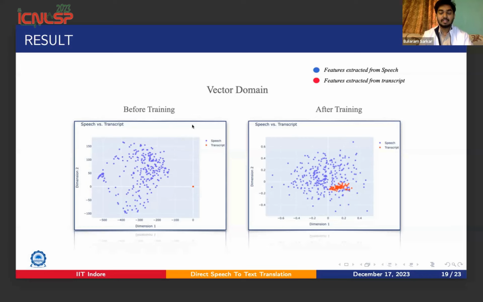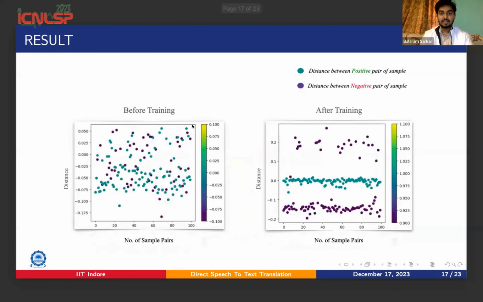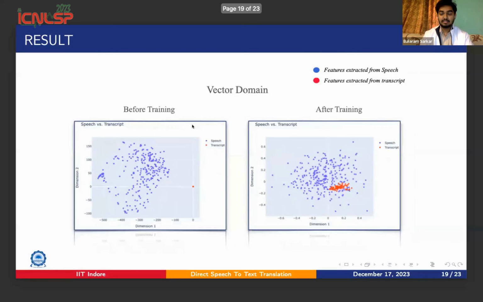After the training, they overlap each other, which shows the effectiveness of the modality bridging experiment. So these are the features for speech and text, and we see that they overlap each other after the training.